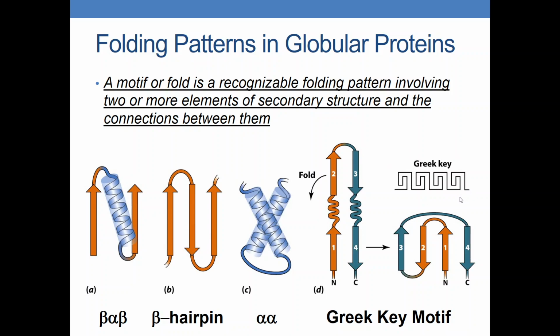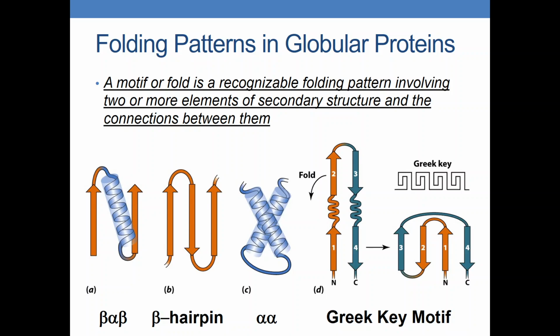If you look at Greek art, you'll see this motif show up, and it kind of looks like this. So to really draw this home, the term motif or fold, remember, are used interchangeably. These are just recognizable protein folding patterns that involve 2 or more elements of secondary structure and their connections.